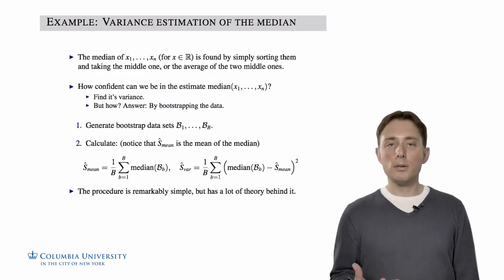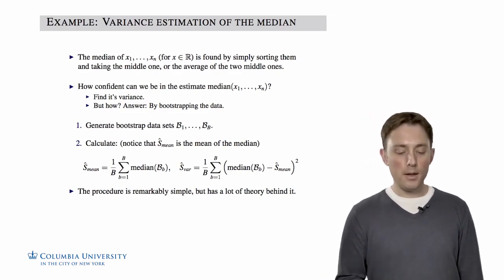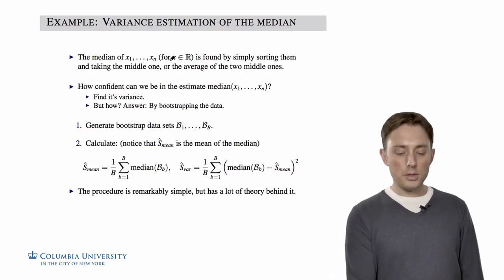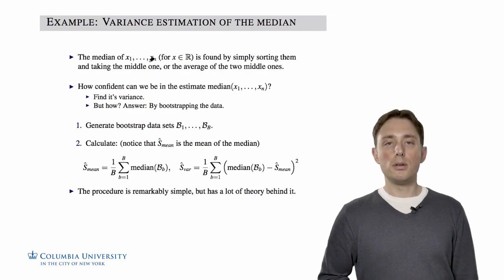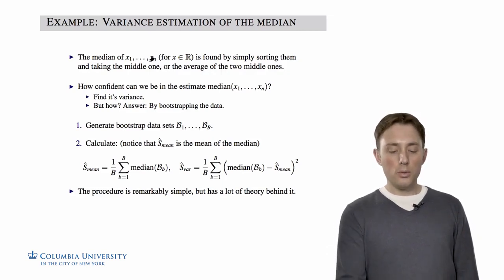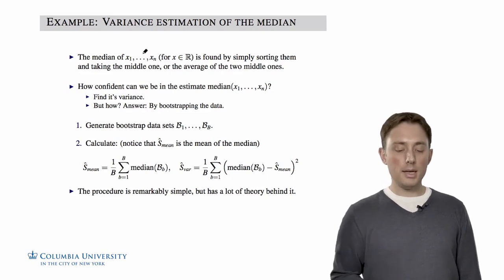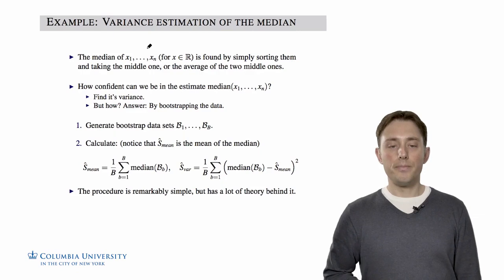The power of this idea can be seen in the example of estimating the median of a data set. Imagine that we have n observations where each is in R, so n one-dimensional values. And then we want to estimate the median of the distribution that generated this data set.